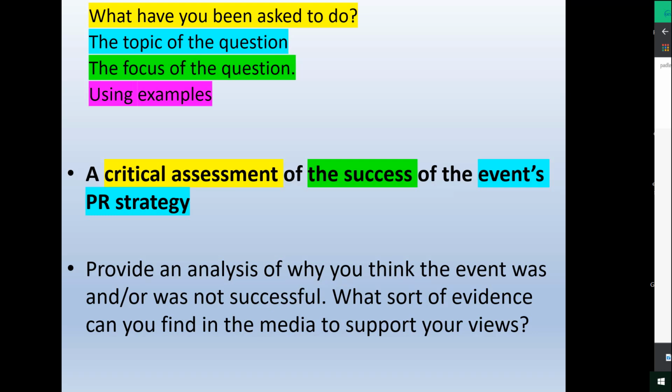So in one respect, you will be providing an analysis from the theory, but there may be reports in the media about an event that say whether or not they felt that was a success. The challenge with this is finding the evidence of what the actual strategy that they used was.